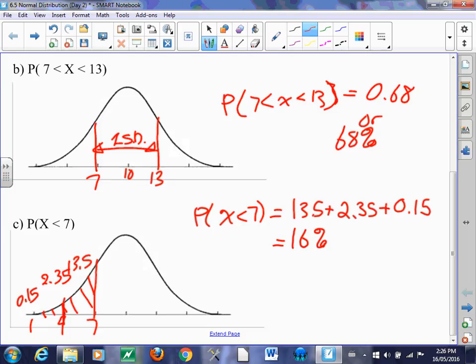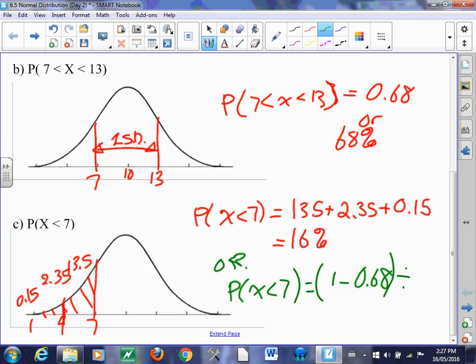Now the other way you could do is you could take a look at what's left over and subtract what needs to be done. So another way of doing this is, you could say probability of x being less than 7. If you take 1, subtract the 0.68 that was up there, and then after that you divide by 2 because there are two ends you have to cover.